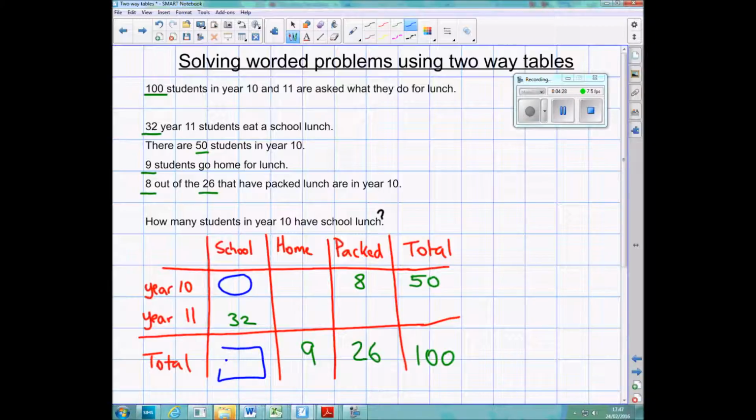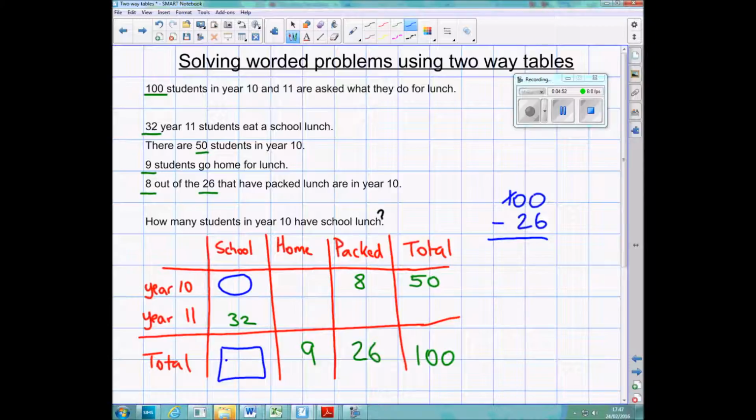If I have the total down here, then all I need to do is take away 32 and I've got it. And if you notice, I can actually work this out because this total row has only got this school total missing. So what I'm going to do is 100, take away 26, and then after I've done that, I'm going to take away 9. So first off, let's deal with this.